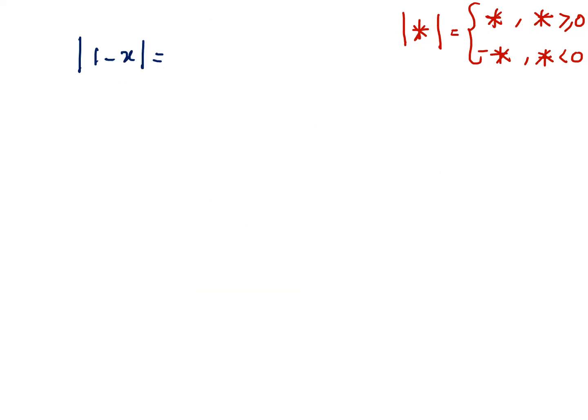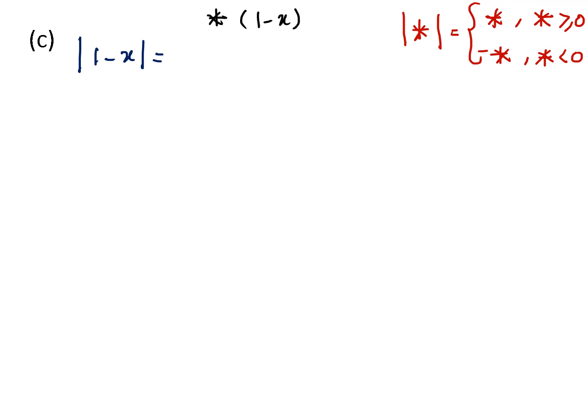Alright, part C, we have modulus of 1 minus x. Okay, so let's define our modulus. So by using the first definition, so think for a while, what is our star? Okay, so our star is 1 minus x.